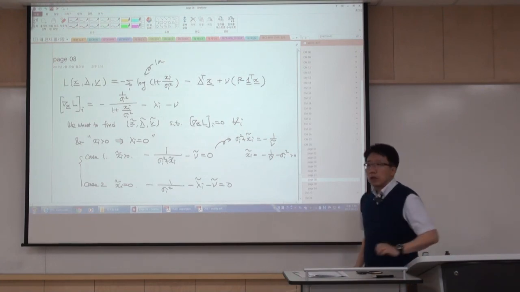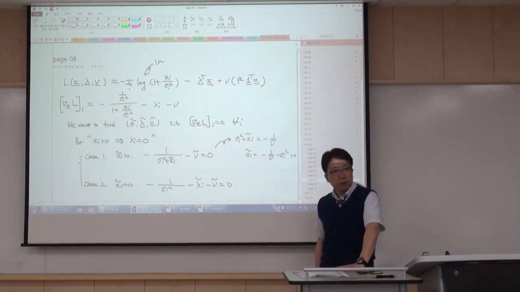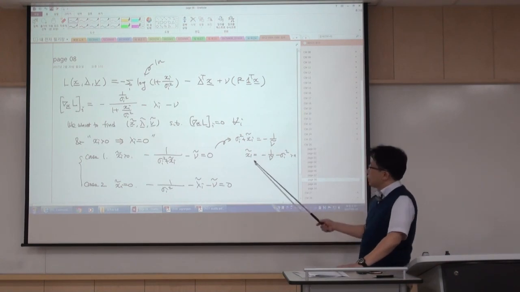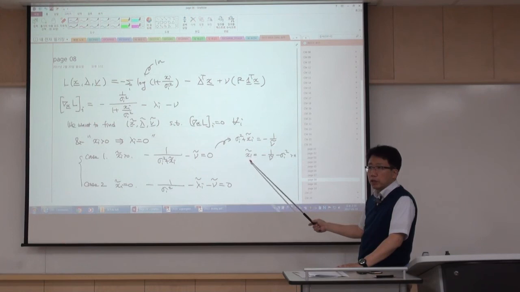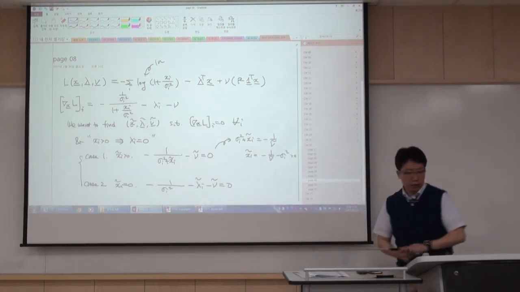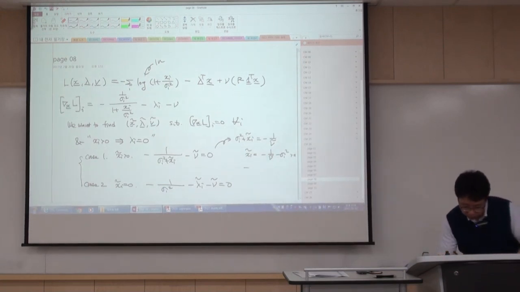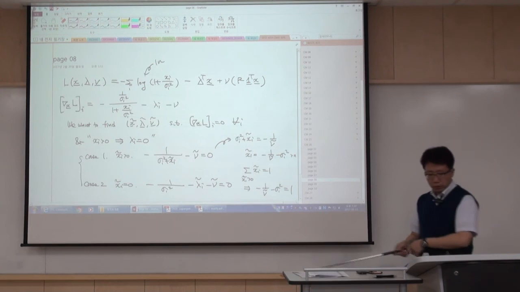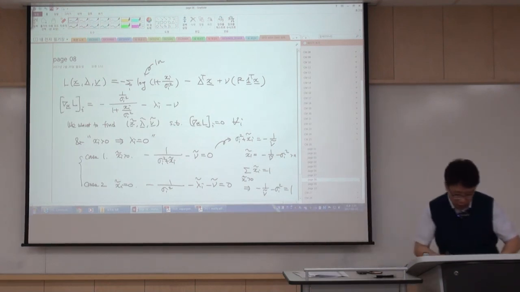Now, we use the primal feasibility. What is that? Primal feasibility says that if we add up xi's, then it must be 1. But such xi is 0, so we just add up these things, summation.